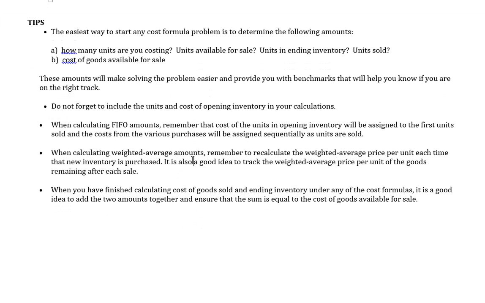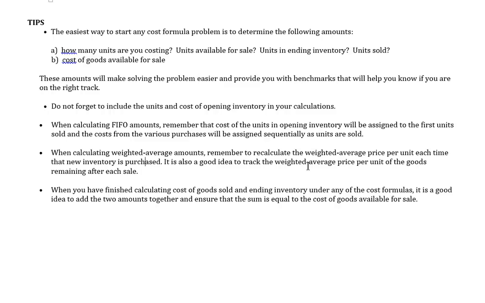Now, when you're calculating weighted average amounts, remember that every time you put something into inventory, recalculate the average price of your inventory, because you never know the next time you're going to sell. So you always have to make sure that you recalculate the weighted average price per unit each time you buy. Why? Because you never know the next time you're going to sell.